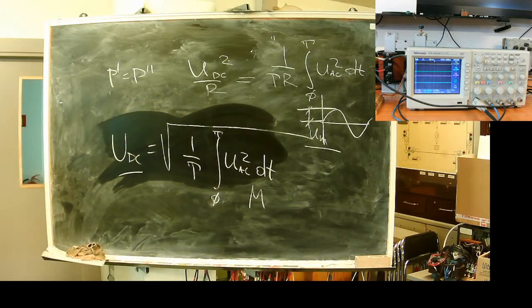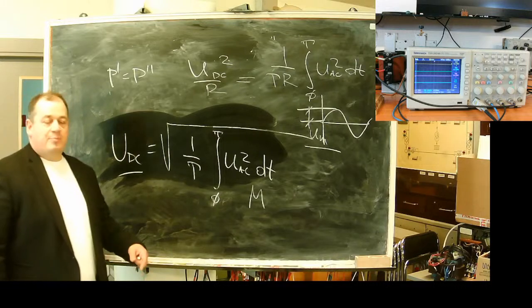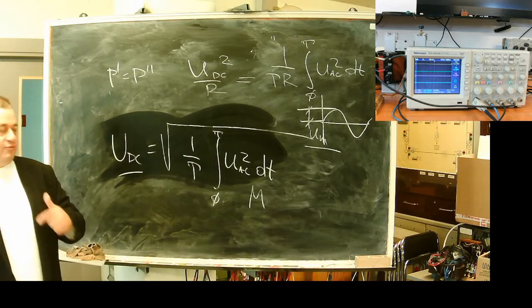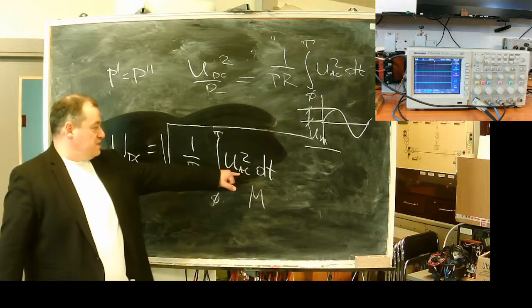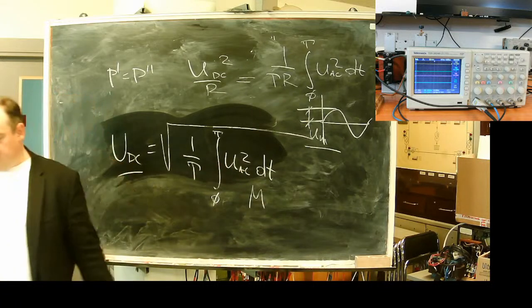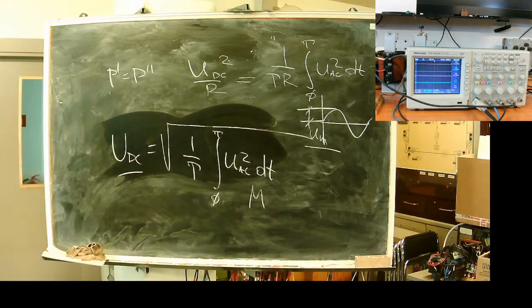So the equivalent DC voltage producing the same power in watts, per second, sorry, watts is joule per second, is what our AC voltage gives within a period.